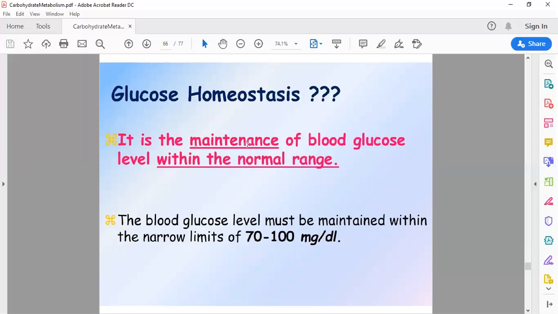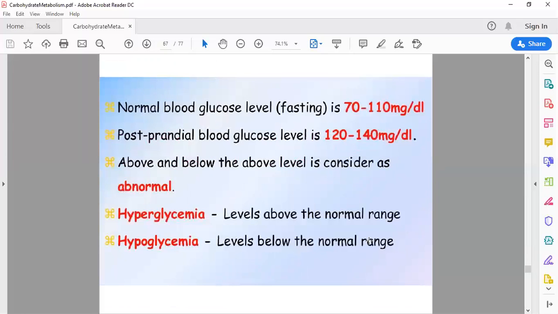It is the maintenance of blood glucose level within the normal range. What is the normal range? It is 70 to 100 milligram per deciliter. Postprandial blood glucose level is 120 to 140 milligram per deciliter. Above and below this level it is considered abnormal.